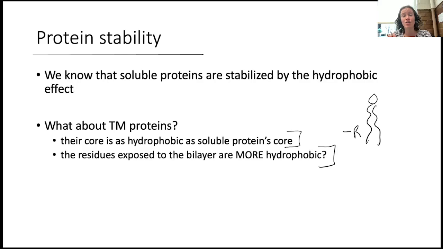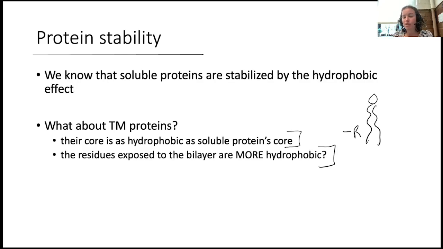Because lipid tails are so non-polar, this really forces any of the R groups interacting with them to be extremely non-polar as well. Whereas on the inside of the protein, if we had a polar R group sticking out on the core, maybe it could perform a hydrogen bonding interaction with a backbone carbonyl oxygen, for example.